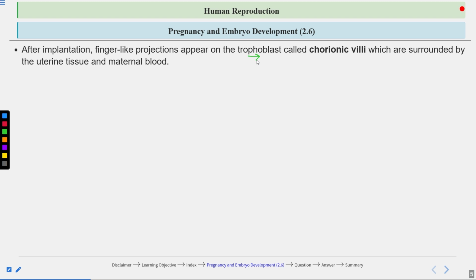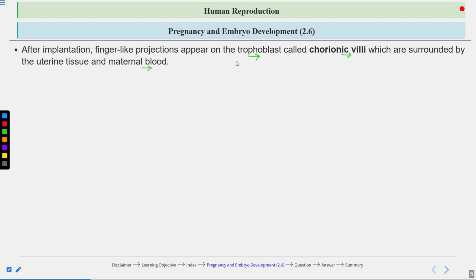With its help, the blastocyst is attached to the endometrium, and the trophoblast also provides nutrition to the developing embryo. The finger-like projections on the trophoblast are known as the chorionic villi, which are surrounded by the uterine tissue and the maternal blood.